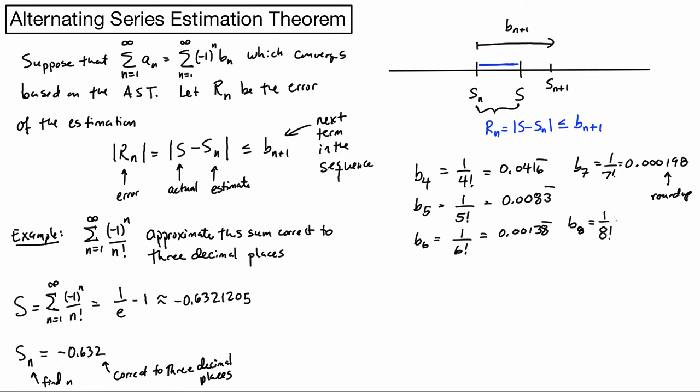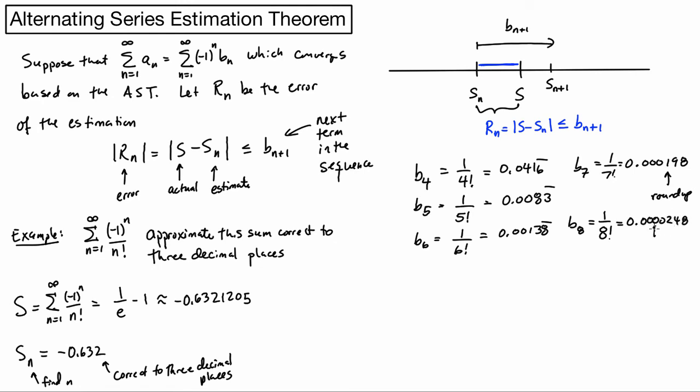b8 is 1 over 8 factorial, which is 0.0, so there's 4 zeros here, 248.